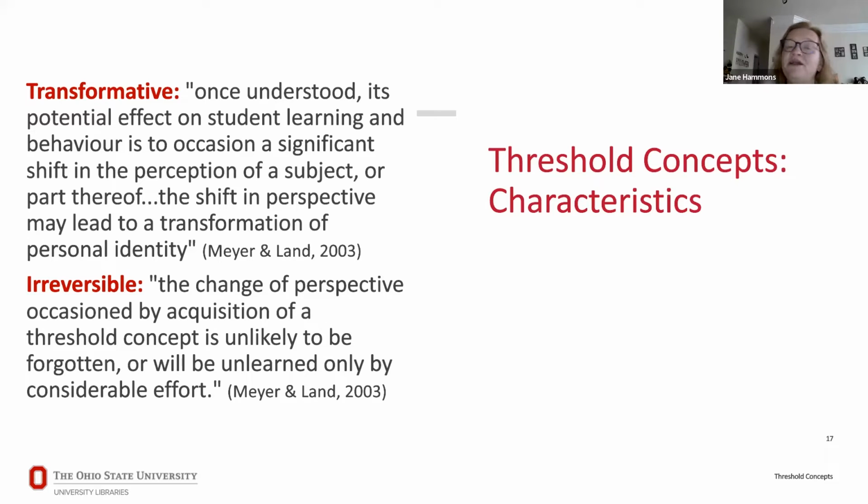And as it talks about here, it can lead to a shift in personal identity, right? I now feel like I am a chemist. I feel like I am a historian, right? And so it makes a major transition, not just, oh, here's something new that I learned, right?